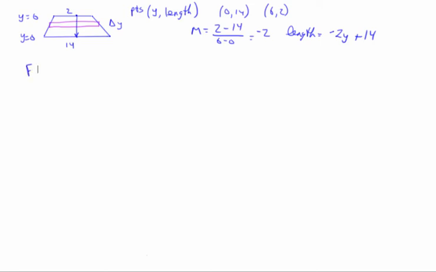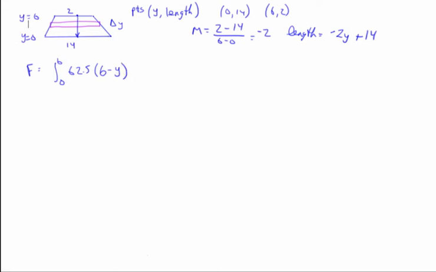Instead of doing our summation, let's go straight to our integral this time. We'll say the integral from 0 to 6 of 62.5 times what? So if we're going 6 minus y. At the top, when it's y equals 6, then that's where it's 0. And at the bottom, when y equals 0, then we have a depth of 6.